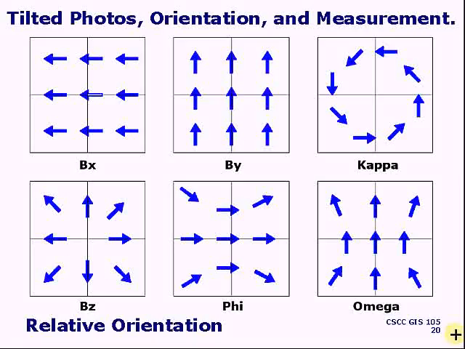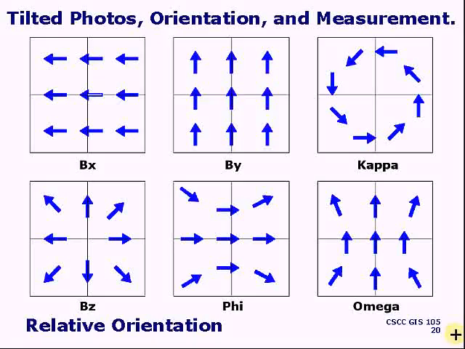The next thing is a Z shift. If you think of a Z shift as the airplane, or the photo center, moves up or down, you're moving closer or farther away from the object space, and in that case, you're actually changing the scale of the photography. So I might have to change the scale of photography, shift that in Z. That's what's indicated by that change in scale.